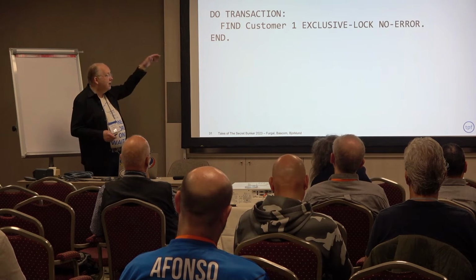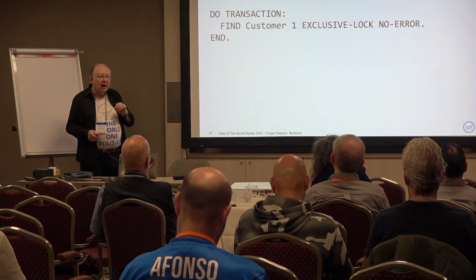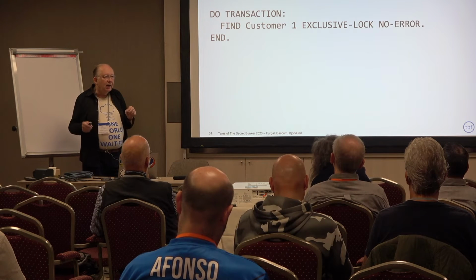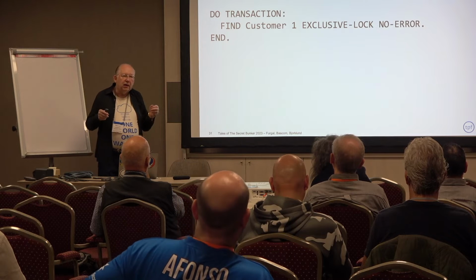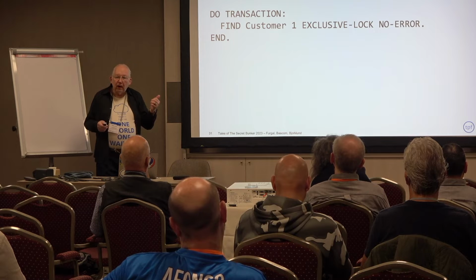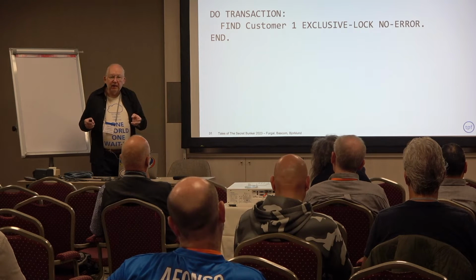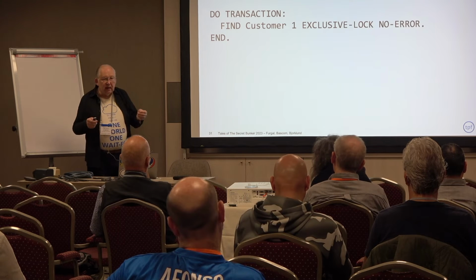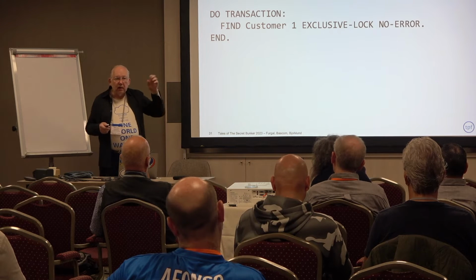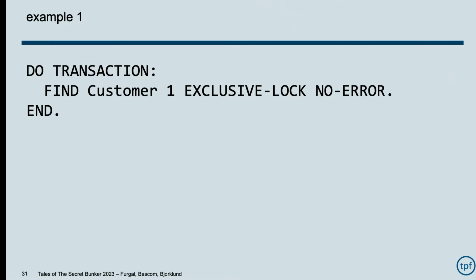So even though you said start a transaction, the 4GL did not actually do it. It delays certain operations, this being one of them, until you actually change something in the database. So when you go to make a database change, it says, oh yeah, but we've got to start a transaction first if we didn't do that already. So in this case, we didn't change anything, so the 4GL says, I'm not doing that.